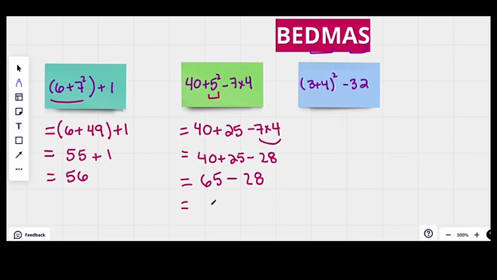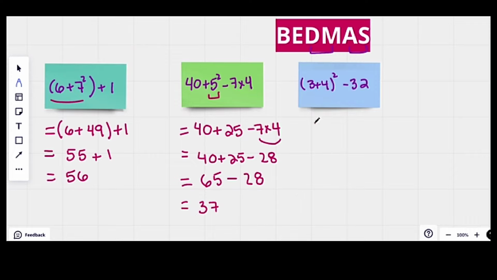So we've got 65 minus 28, which gives us, let me see here, 6 minus 2, that's 4, 37. Okay, so 65 minus 28 is 37.